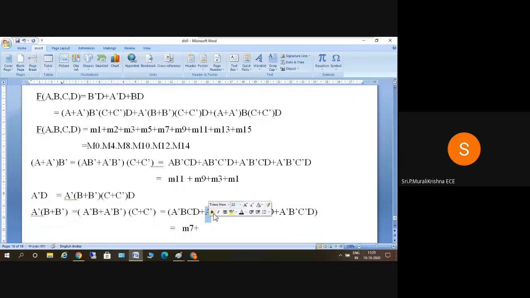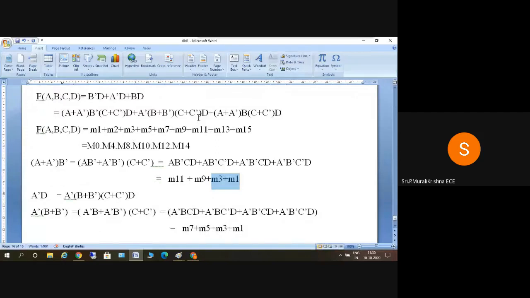This complement is a zero term. Okay, and this is 1, this is 0 and this is 1. So 0, 1, 0, 1. So this is M5. Yes, and this is 0, 0, 1, 1. So M3 plus 0, 0, 0, 1. So it is M1. So what are the repeated terms here? So M3 and M1 are repeated here. Okay, so M1 and M3 are repeated.